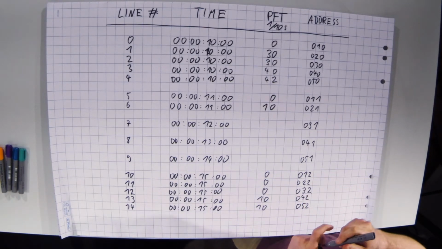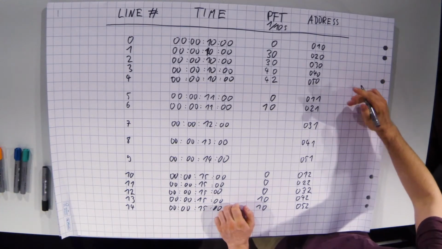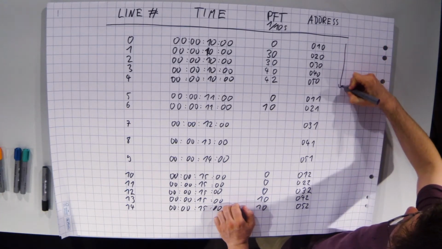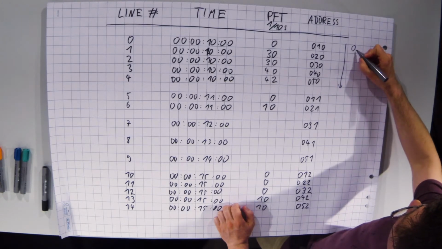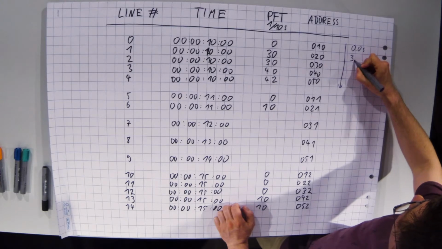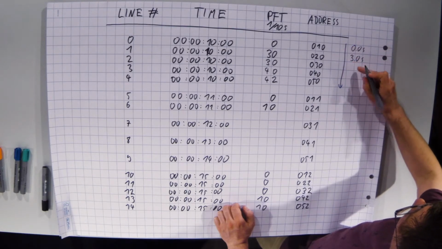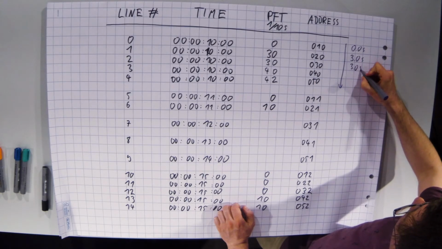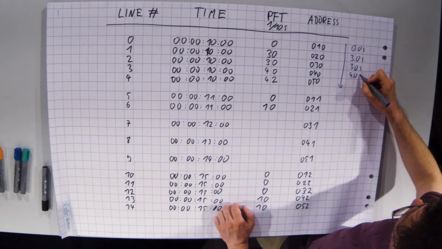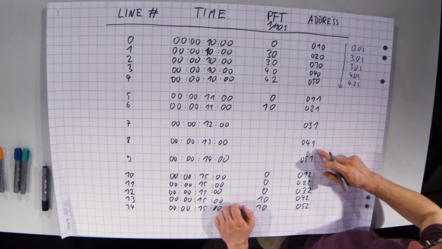So if we look at this once more, let's look at the timeline. This here would be executed directly at the start, 0.0 seconds, 0.0 seconds, 3.0 seconds, this one at the same time as well. This one would be shot at 4 seconds, and this one at 4.2 seconds.